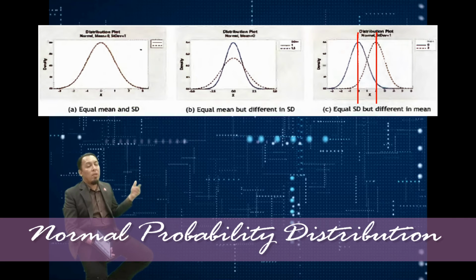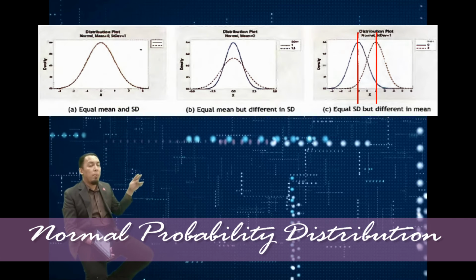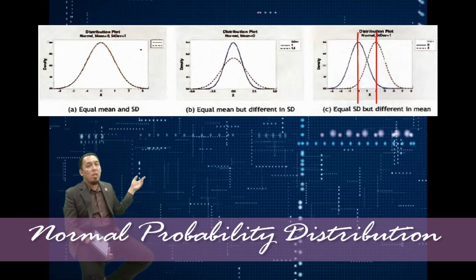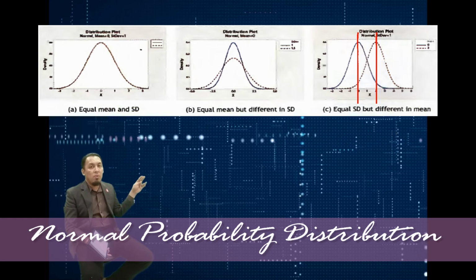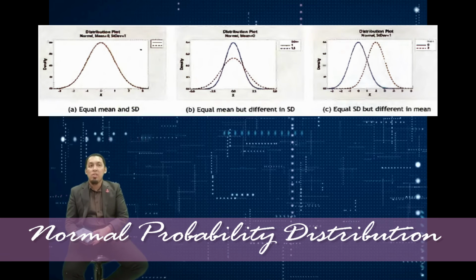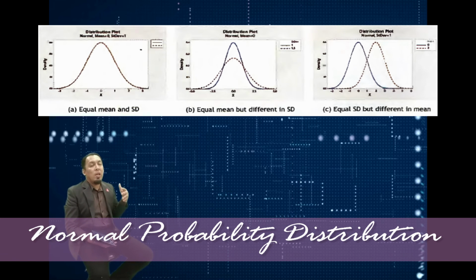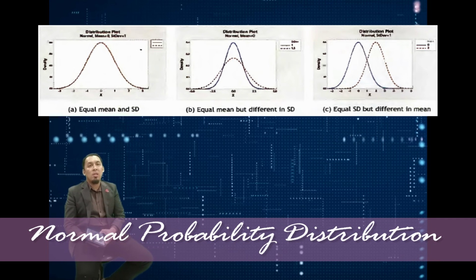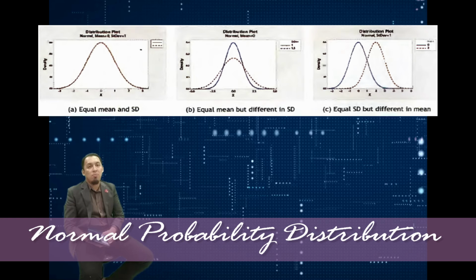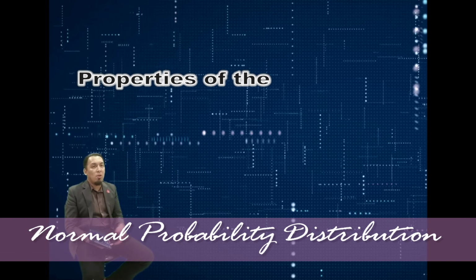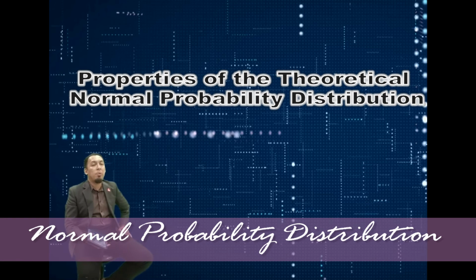So when they have different means, the peaks will be at different places. That is what changes the place of the two graphs. That is about the shape of the normal distribution and how mu and sigma affect the position and also the spread.